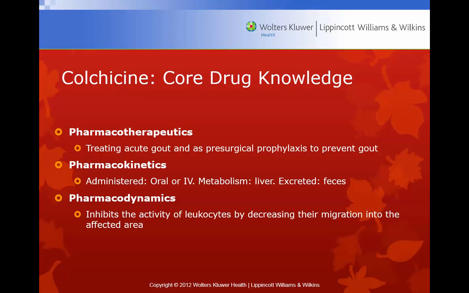It is also used for non-FDA approved uses or off-label uses. There are a few of those listed in your book as well. The brand name that this is marketed under now is called Colcrys. The pharmacodynamics: it inhibits the activity of leukocytes by decreasing their migration into the affected area.